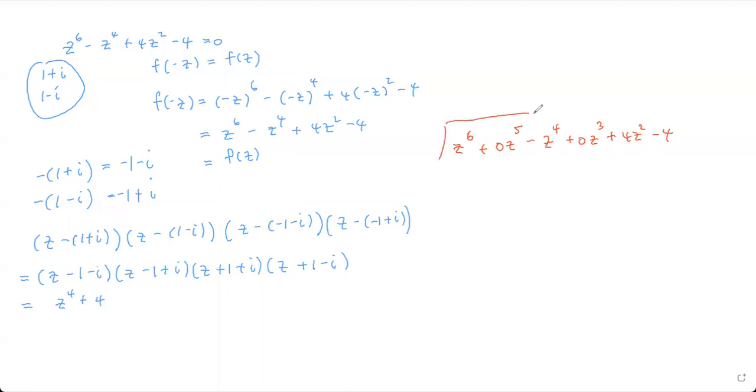This is divided by z^4 + 0z^3 + 0z^2 + 0z + 4. That's a bit squeezy, maybe I should rewrite that.